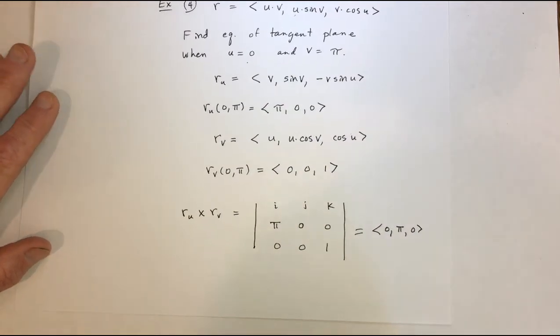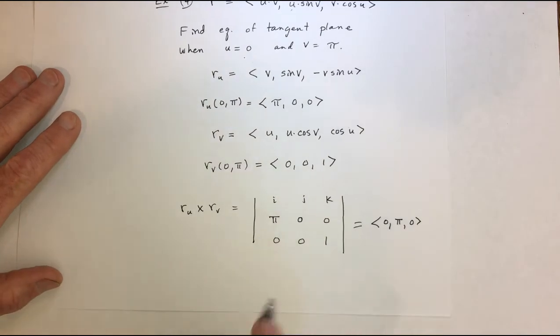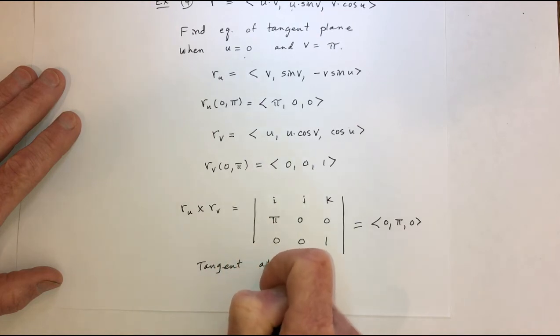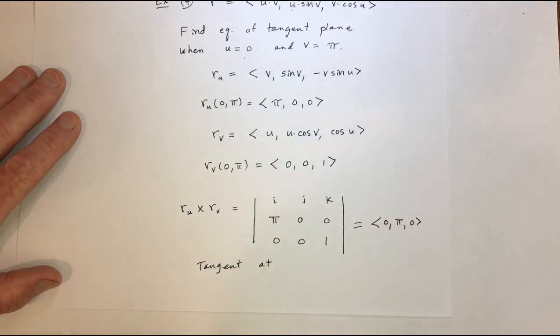We just need the point. So the tangent plane at, and then what would the actual point be?